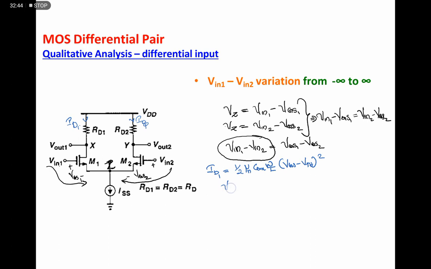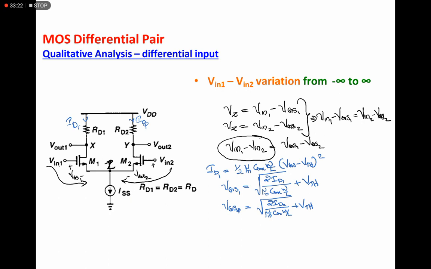Or we can write VGS1 as root of 2ID1 by mu n COX W by L plus VTH. Similarly, we can find the value of VGS2 also, root of 2ID2 by mu n COX W by L plus VTH. I am assuming both have the same threshold value.